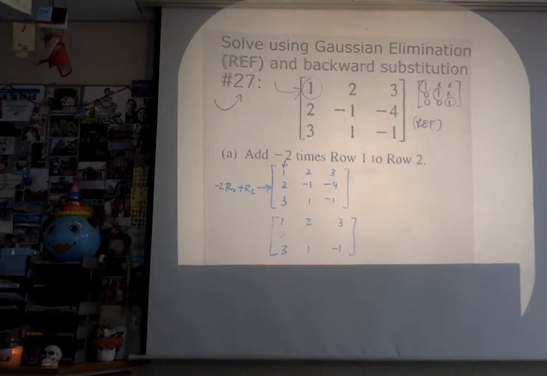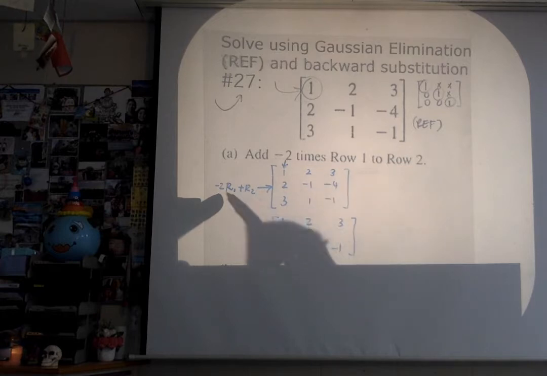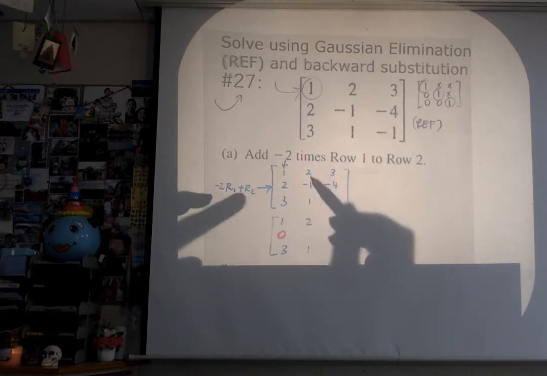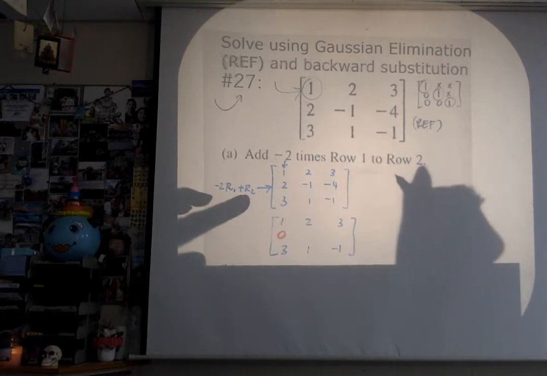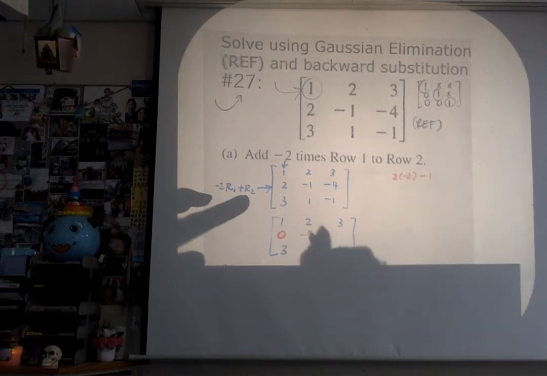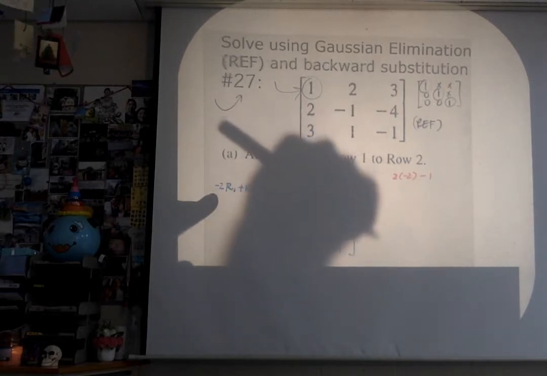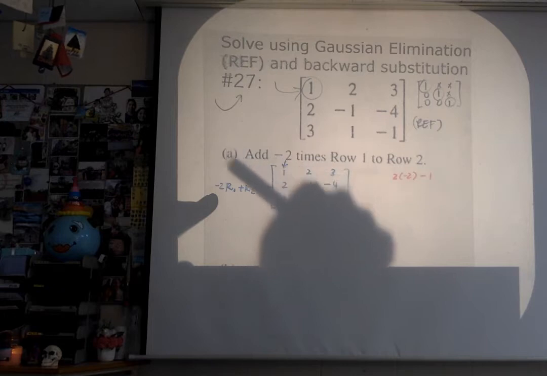I'm going to write that with the red marker. It's 0. But what if I multiply -2 times 2, plus 1? It's 2 times -2 minus 1. That's going to be -5. You see that? It's -2 times 2, which is -4, minus 1, -5.